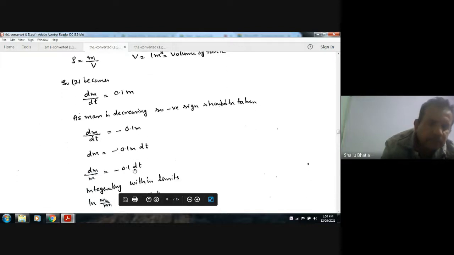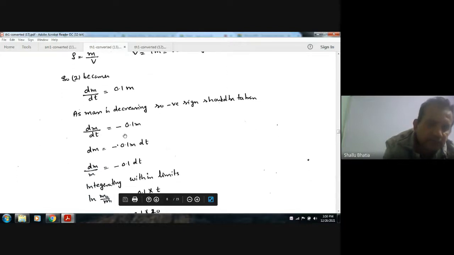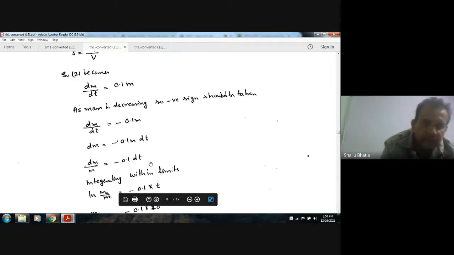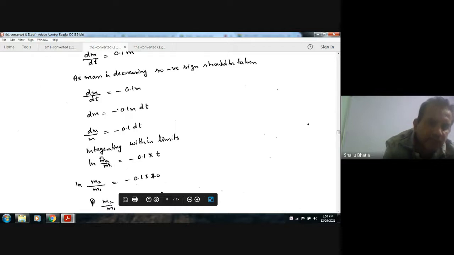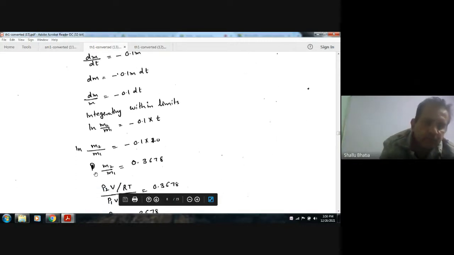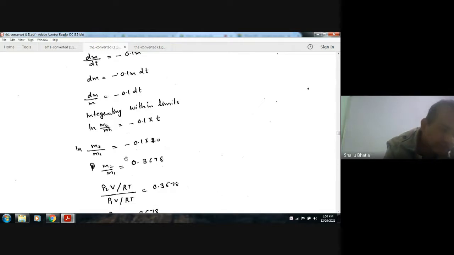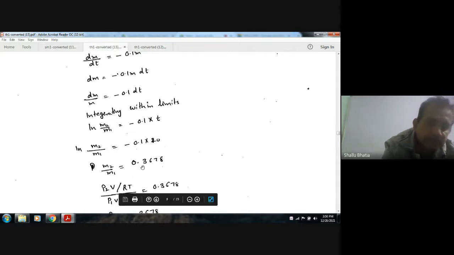Separating the variables, dm by m is equal to minus 0.1 dt. Integrating within limits, it will be ln m2 by m1 equals minus 0.1 t. After 10 seconds, the limit is 10 seconds, so we have m2 by m1 equal to this, eliminating rho. So m2 by m1 is 0.3678.